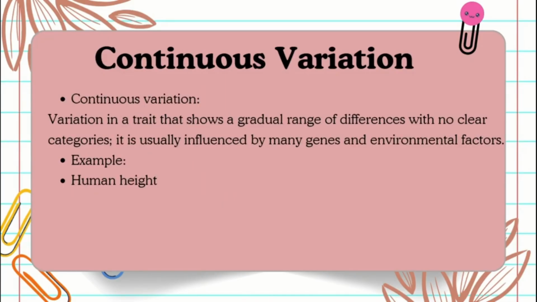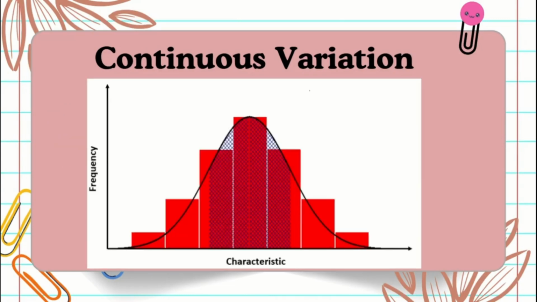Then you have two types of variation. You have continuous and you have discontinuous variation. Continuous variation is one that shows a gradual change in the differences with no clear categories. It is usually influenced by many genes and environmental factors. Example, human height.